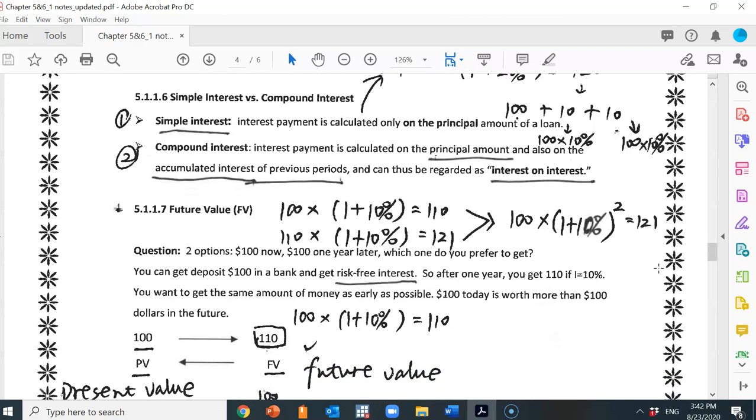Okay, so this is simple interest rate and compound interest rate. And throughout our course, we will be using compound interest rate.